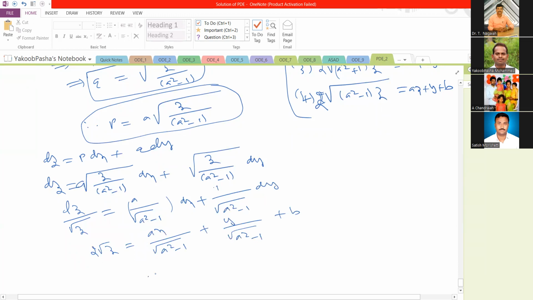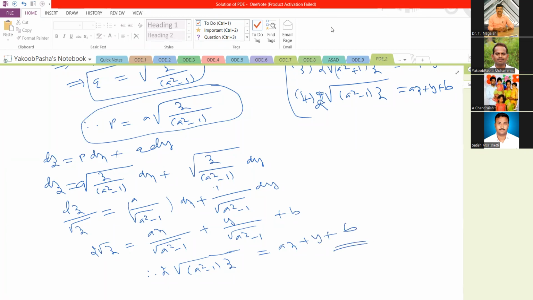So we can write it as 2 into under root of, okay, this is cross multiplication, a square minus 1 into z is equal to ax plus y plus b, this is also an arbitrary constant, so just write b. Fourth option is the right option.